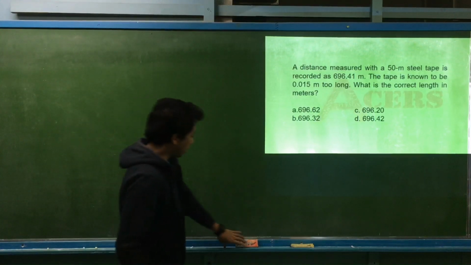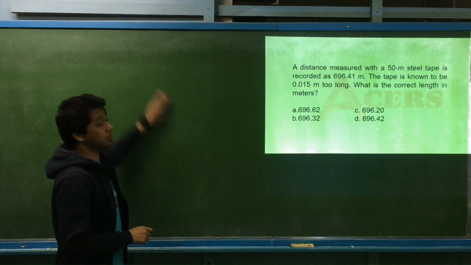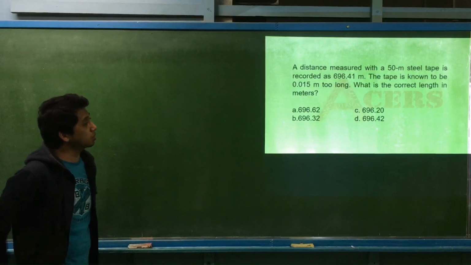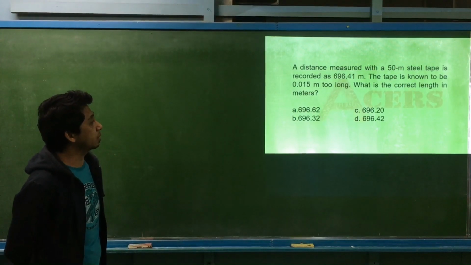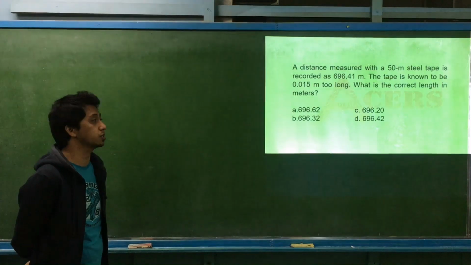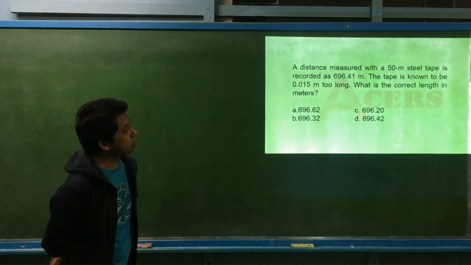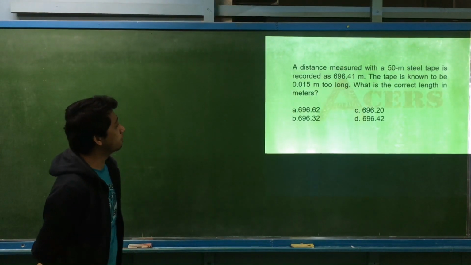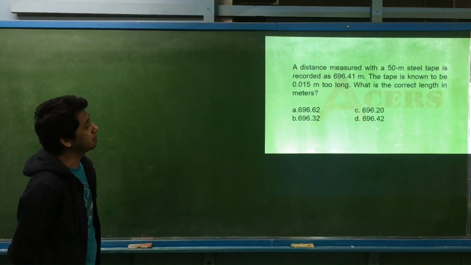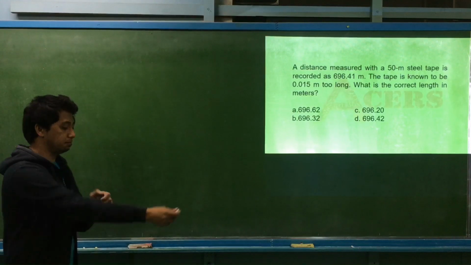This is tape corrections. The distance measured with a 50-meter steel tape is recorded as 696.41 meters. The tape is known to be 0.015 meter too long. What is the correct length in meters?